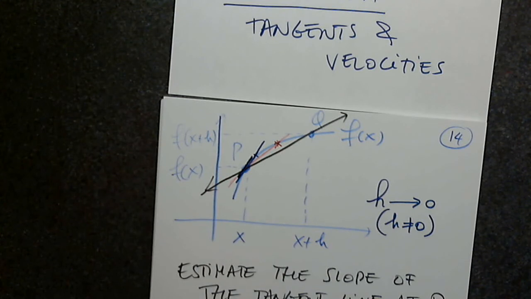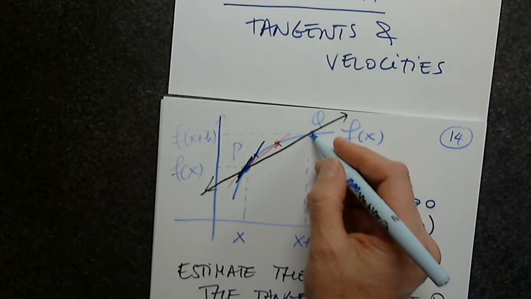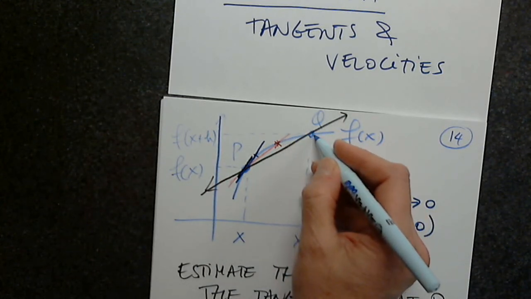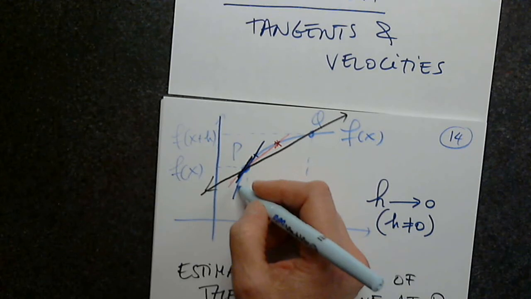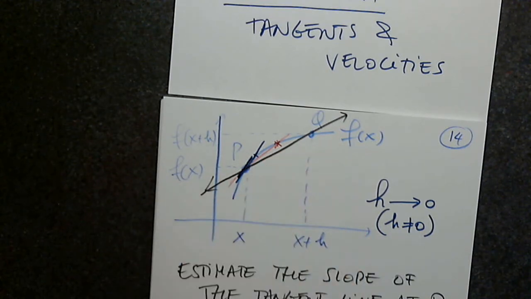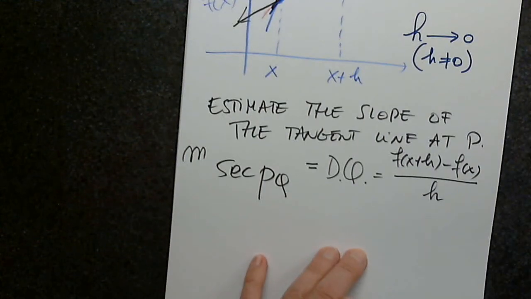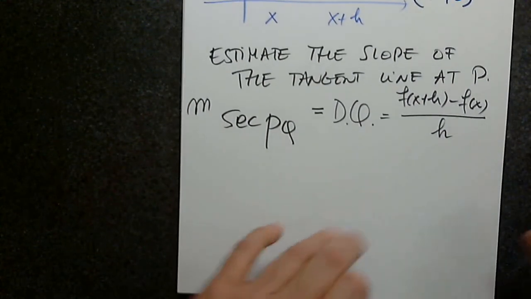So P and Q will never be the same. Is it clear that the closer I get with Q to P, the slope of the next line and the next line will be even closer to the slope of the tangent line at P? What will the tangent line at P give us? The slope of the tangent line at P.